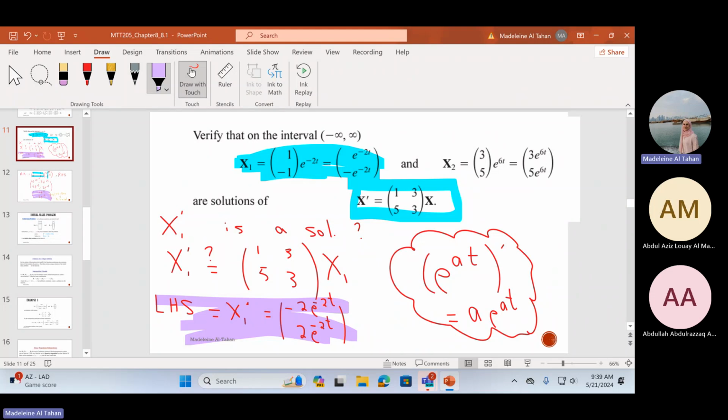Okay. Did they get the left equal to the right? Okay. You're still solving. This is excellent practice.